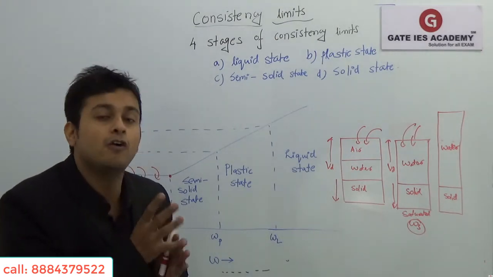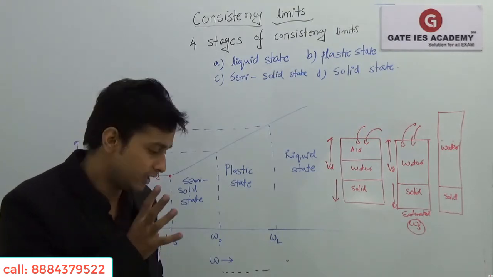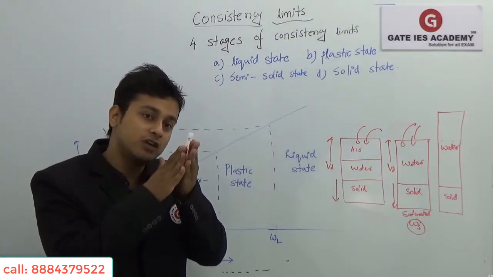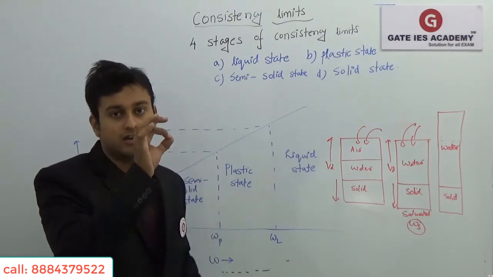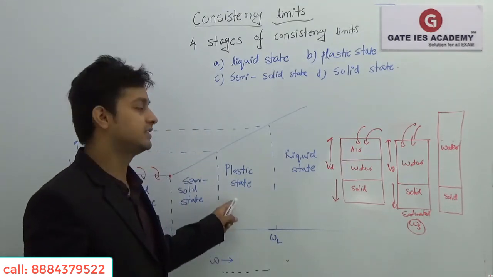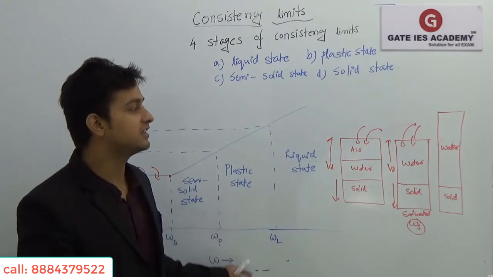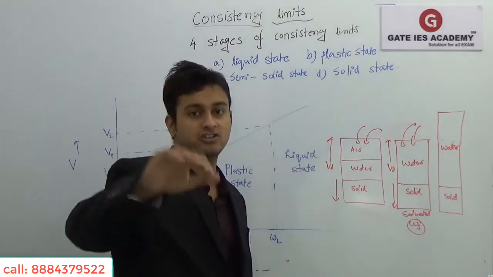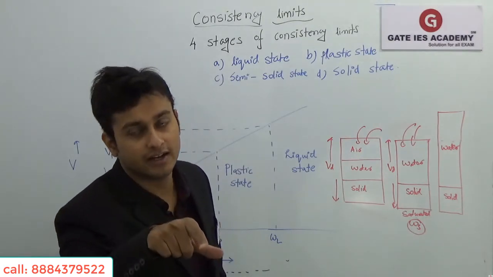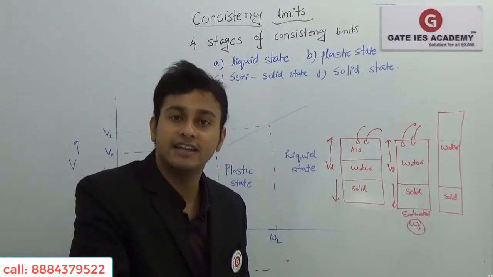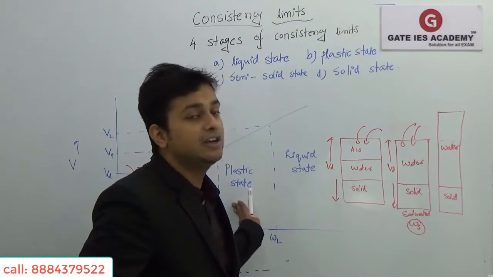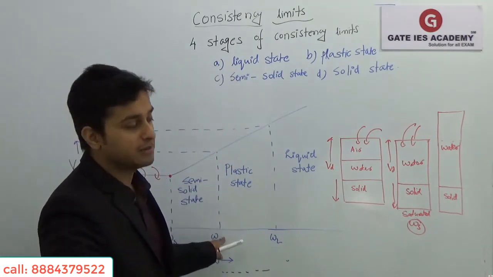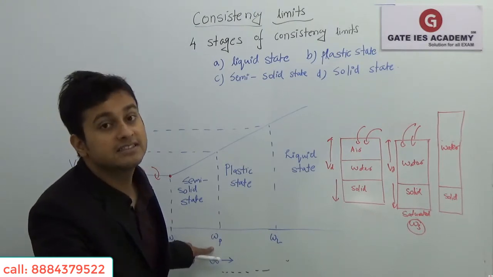Plasticity is deformation without increase of load. As you have studied in mild steel, the plastic region is a straight region in which the stress is constant but the strain keeps on increasing. Here you will tend towards the plastic state, and the point at which the plastic state has been reached is called the plastic limit.